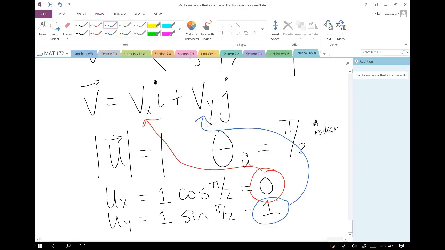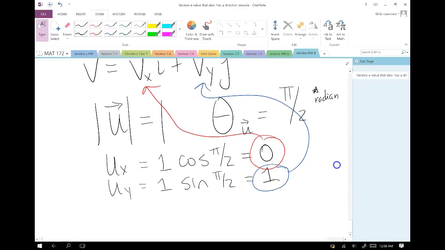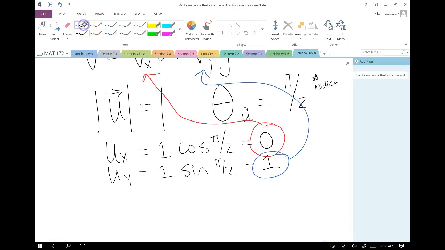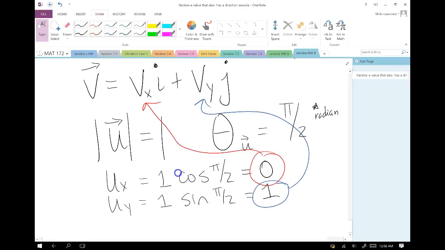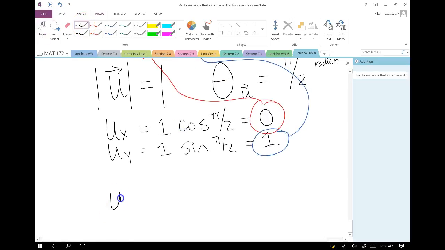The v sub x always goes in front of your i, and the v sub y always goes in front of your j. So one of the ways that we can write, for this one it's actually called u, is 0i plus 1j.